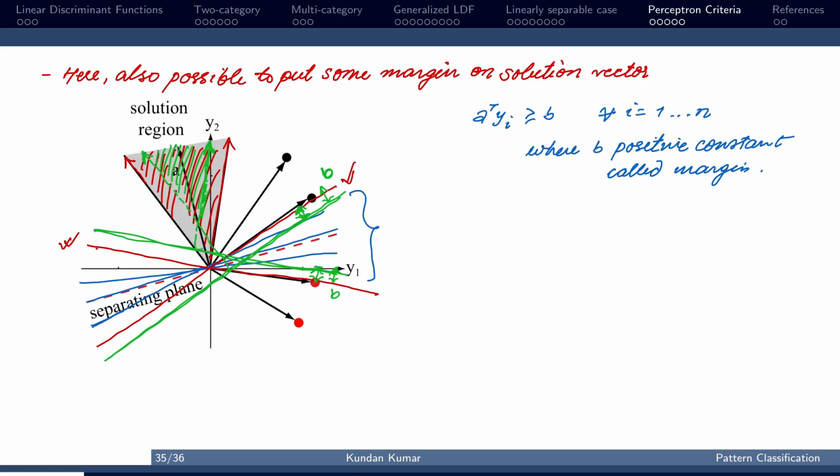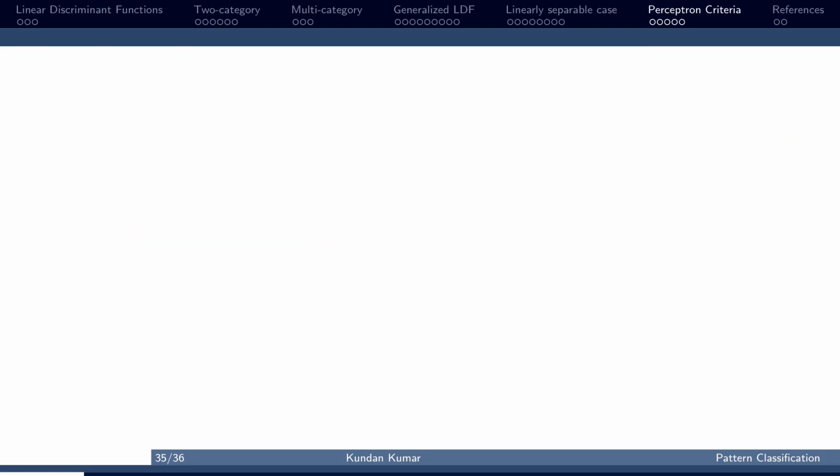Okay, but for our further discussion we will consider that b equal to 0. That means our focus will be on the zero margin case. So we are looking for a weight vector a such that a transpose y is greater than or equal to 0.